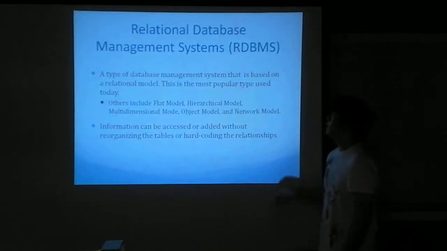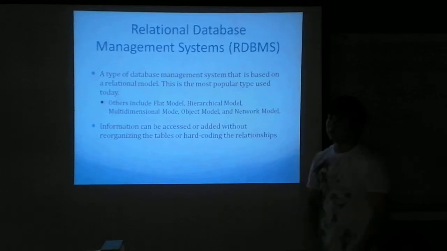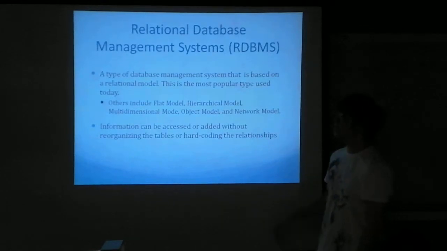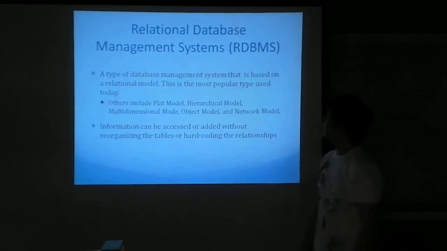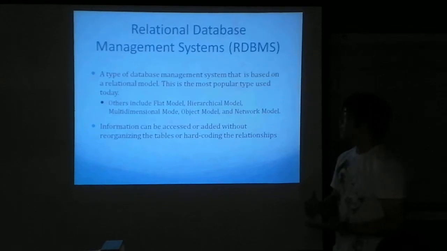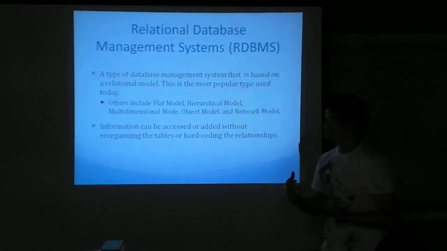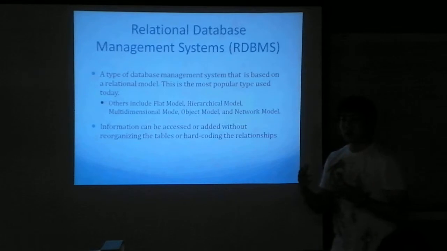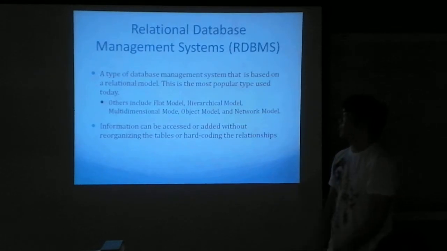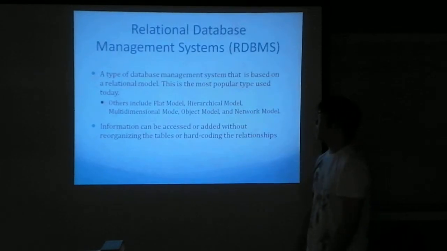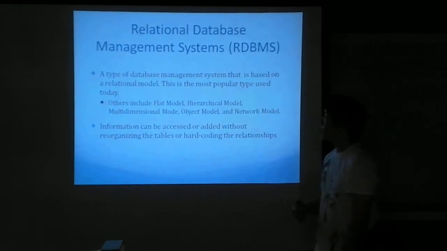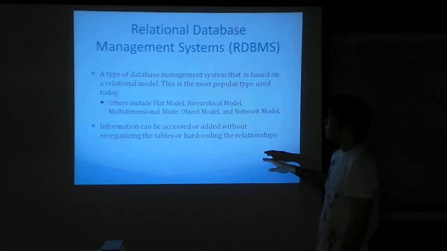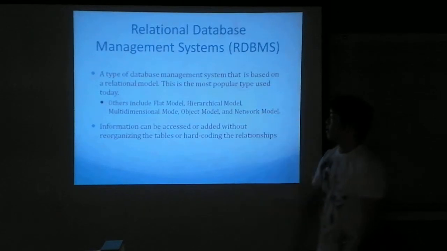Okay, so I've been talking about databases, and one thing I want to talk about specifically that we're going to discuss in class is something called relational database management systems. It's a really big term, but basically it's a type of database that allows us to relate a table of information to another table of information, or other tables of information. So this is the most popular type of database used today. There are also other types of databases, which I list there.